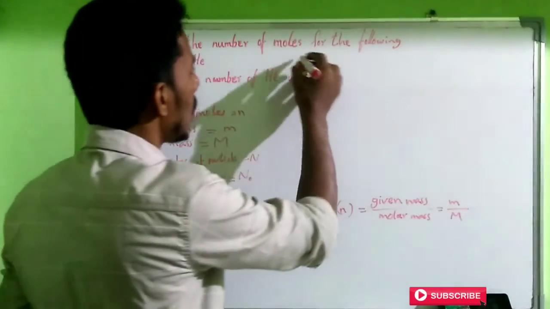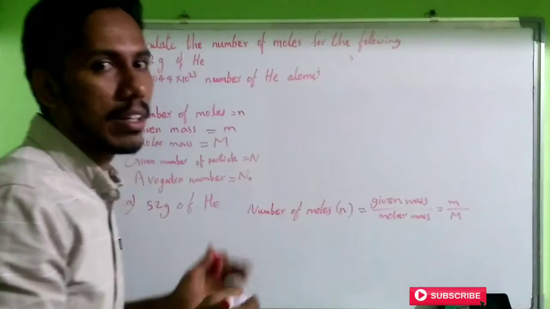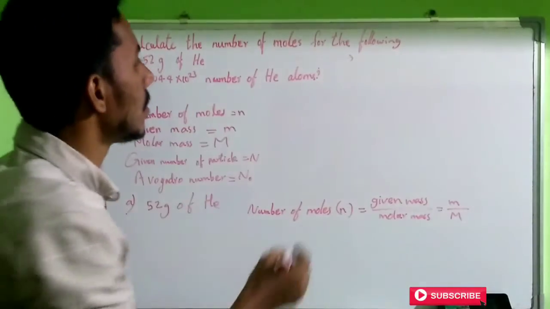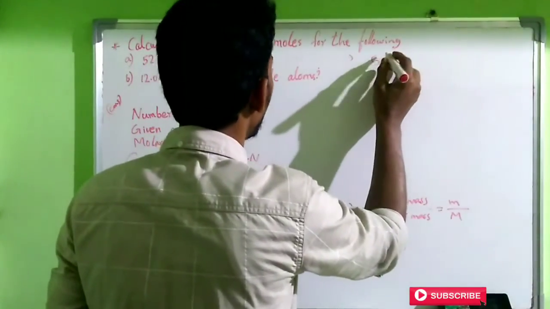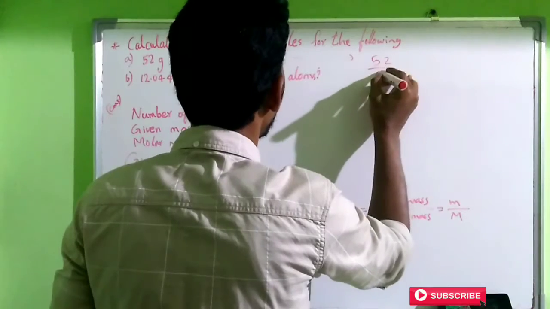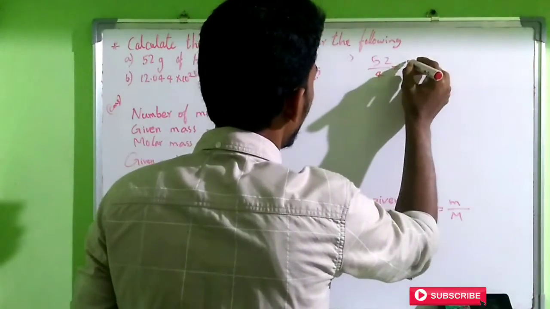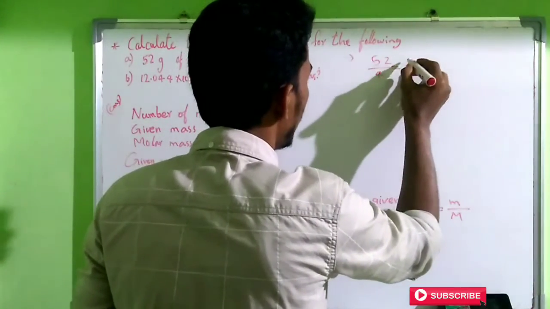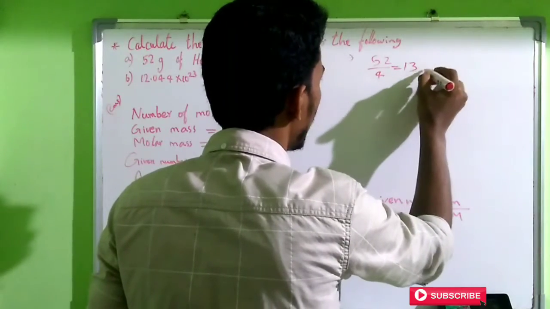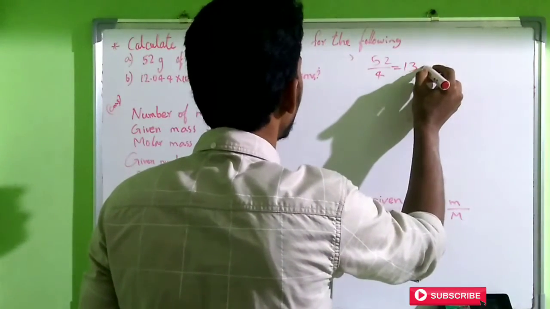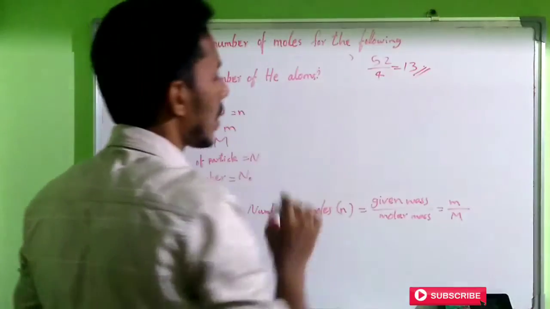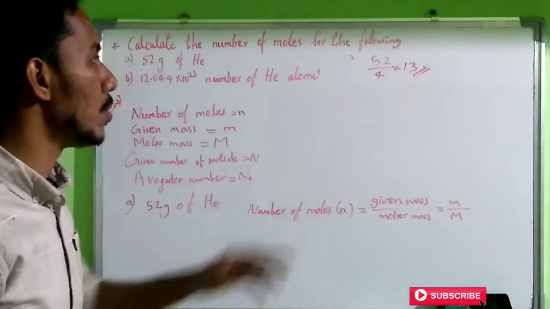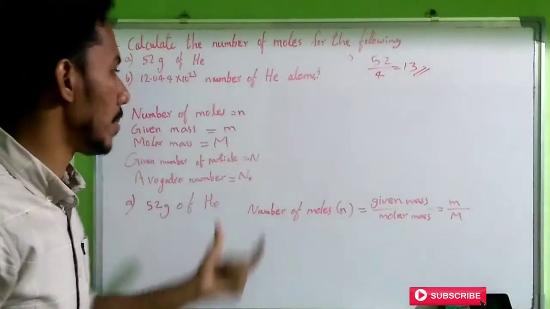So you can write the answer directly. 52 divided by 4 is the answer. 52 divided by 4 is 13. 13 moles is the correct answer. But how do you get it? That is the step.